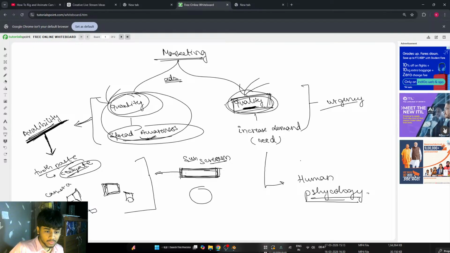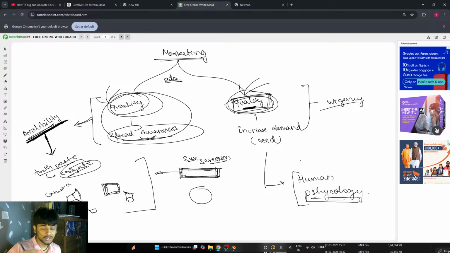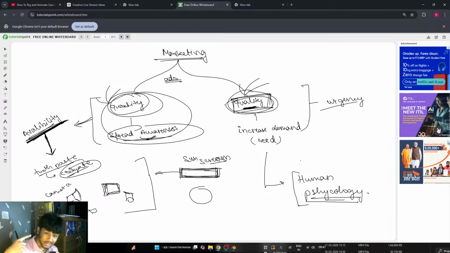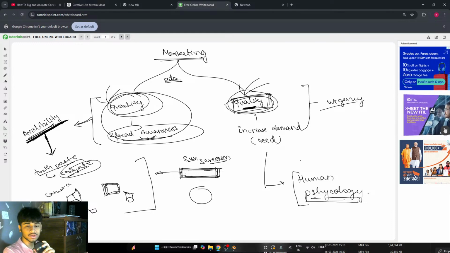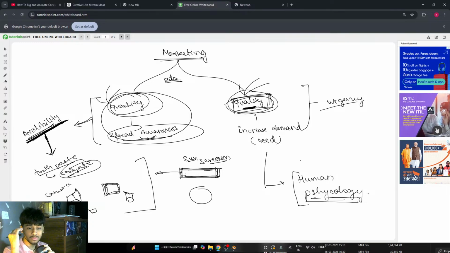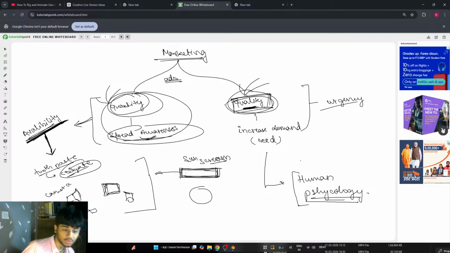What I'm telling you is that human psychology is very important when we talk about the need to increase demand. And if an advertisement is showcasing the kind of human psychology which really relates with the thing which humans really want, that's where the rule comes.